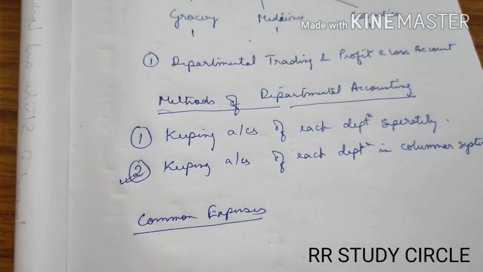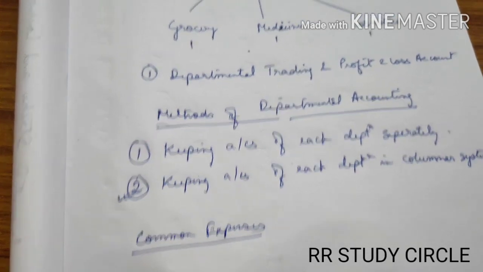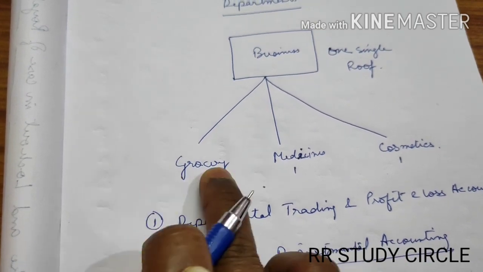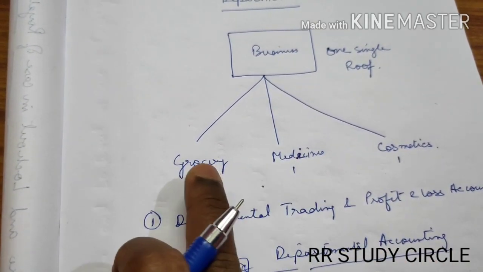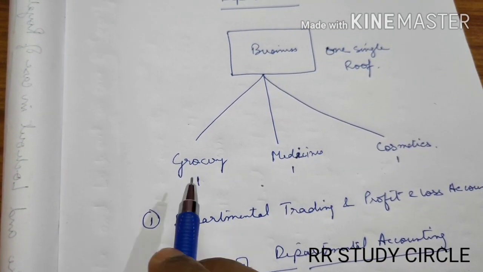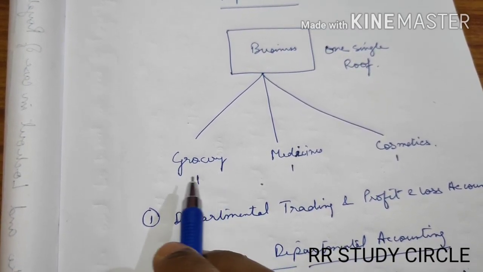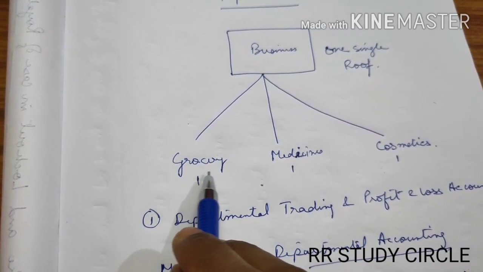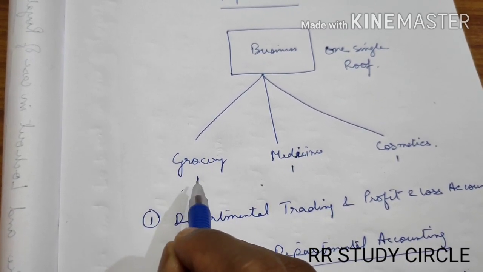And one more thing, there are certain expenses which relate to a particular department. For that, no issue, we will allocate those expenses to that respective department. Say for example, rupees 7,000 has been paid for a certain expense which only benefits the grocery department. So this will be allocated only to the grocery department.